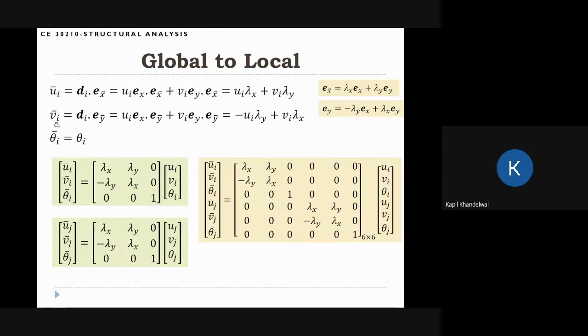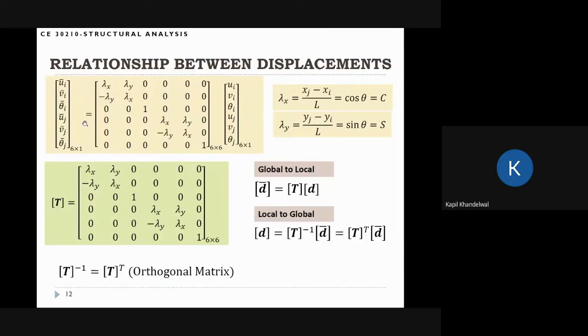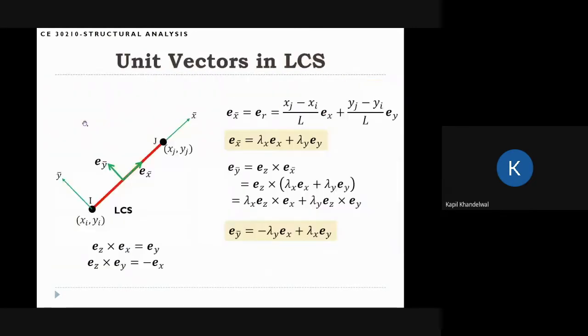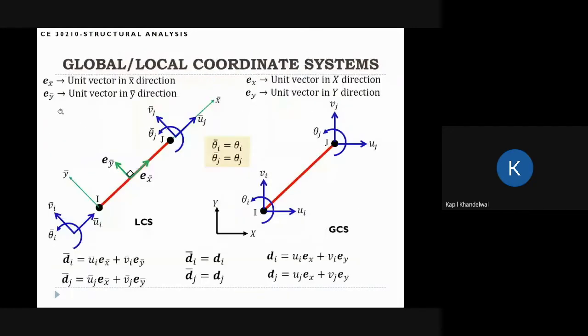Similarly, we can find what Vi bar is. Vi bar is Di dot Ey bar. We take this displacement Di, and in this case, to get Vi bar, we dot it with Ey bar.